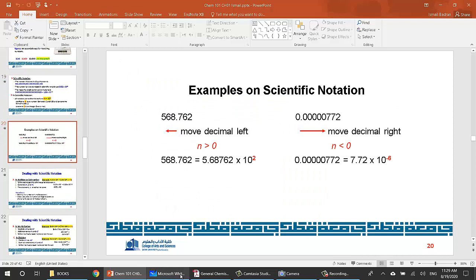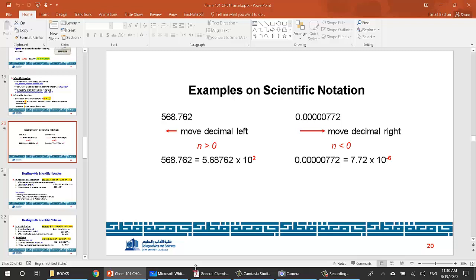And just throwing some quick examples here. 568.762. A quick note on reading numbers, by the way, in mathematics in the English language. When you read a number like 568.762, you read the part before the decimal point as we usually do, so it's 568.